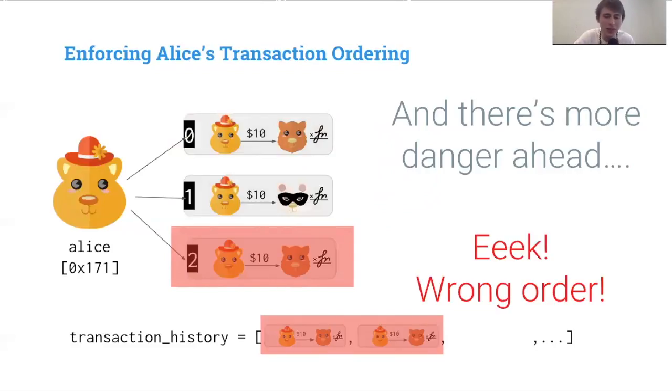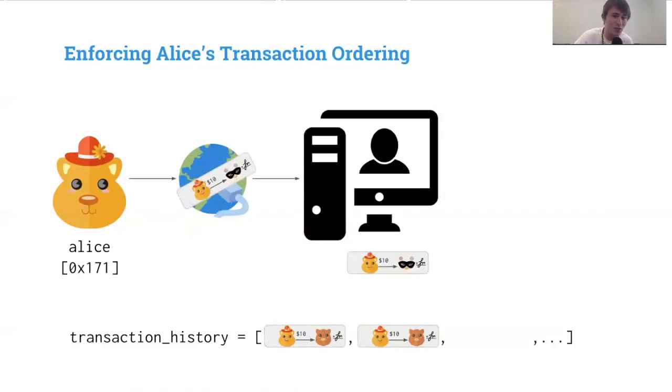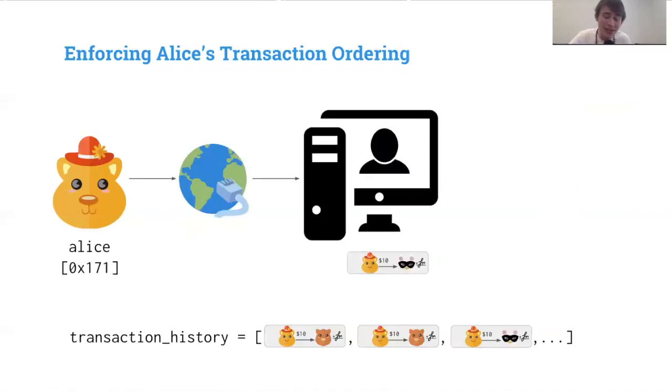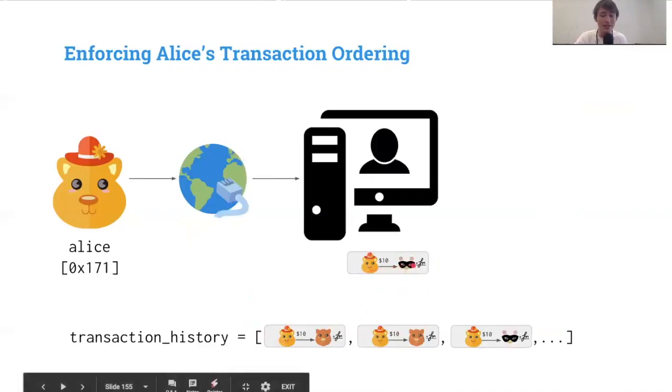This is not the only thing that's wrong that our nonces are protecting us against. So once again, we're going to download our transaction, this time to Eve, and we'll check the signature and immediately include it in our transaction history. And we'll change the balances. Then we download the next transaction. Remember, this is the duplicate that Eve just sent.